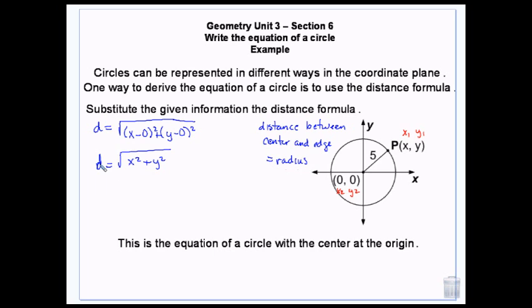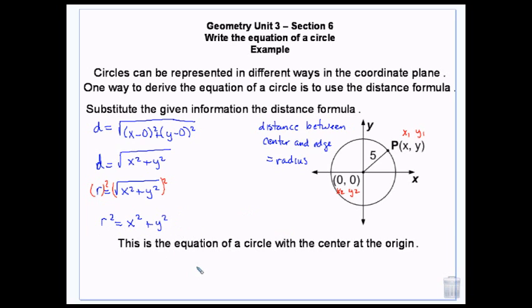So I can take this d out and I can put r in. If I square both sides, I get the radius squared is equal to x squared plus y squared.